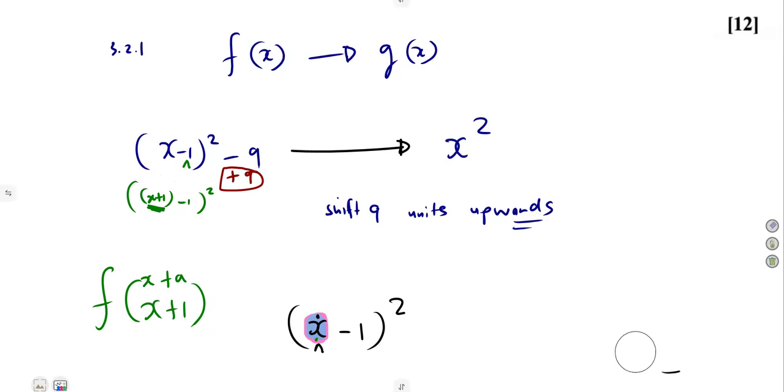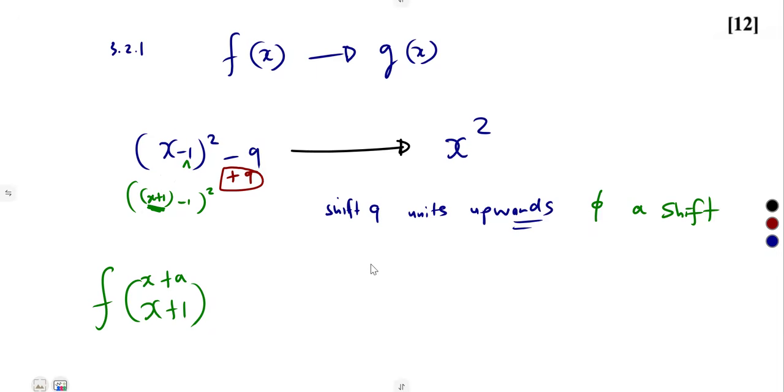It is a shift of 1 unit to the left. A, it means plus a, it means to the left.